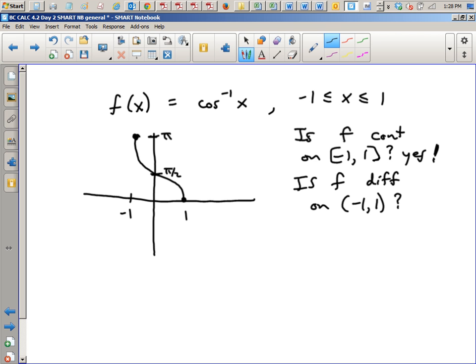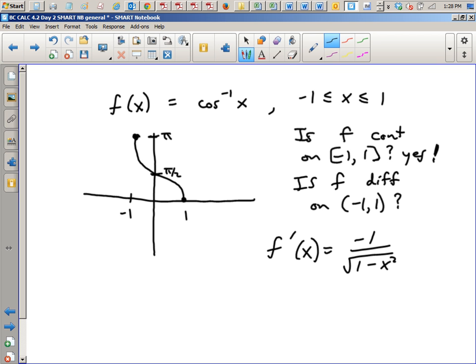You guys remember the derivative for inverse cosine? It's negative 1 over square root of 1 minus x squared. Can I plug in numbers between negative 1 and 1 into that? Like 0 or 1/4 or whatever? I can. Actually, the domain of this thing is negative 1, 1, exclusive.